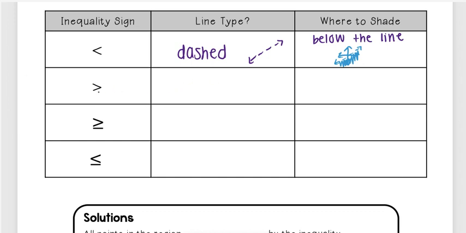Okay, next one for a greater than, that is also going to be dashed. But for a greater than inequality, I'm going to shade above the line. So what that would look like, I have my graph here, I have my dashed line, but if it's a greater than, then I'm going to shade for everything above it.